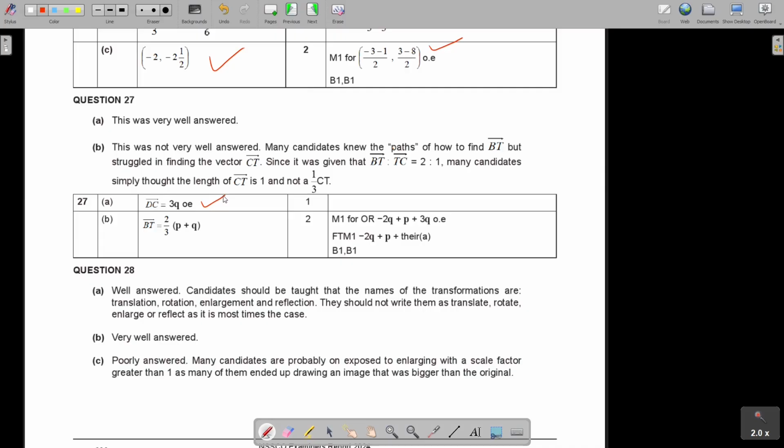Since it was given that BT to TC is 2 to 1, many candidates simply thought that the length of CT is 1 and not 1/3. But at the end, if you got the first two, that was M1, and then for the 2/3, that was the final answer.